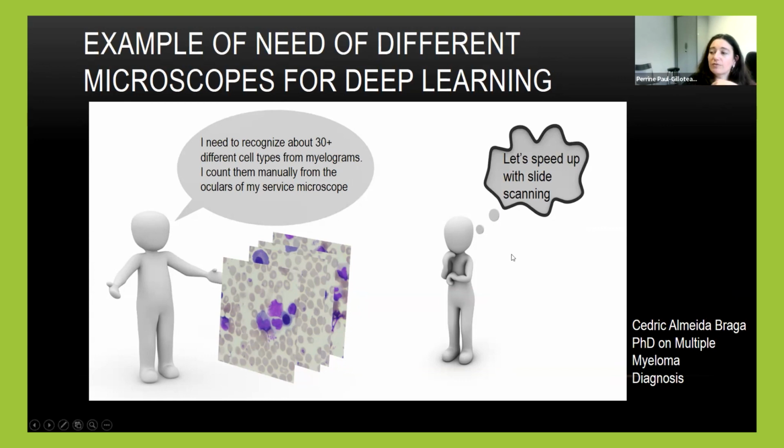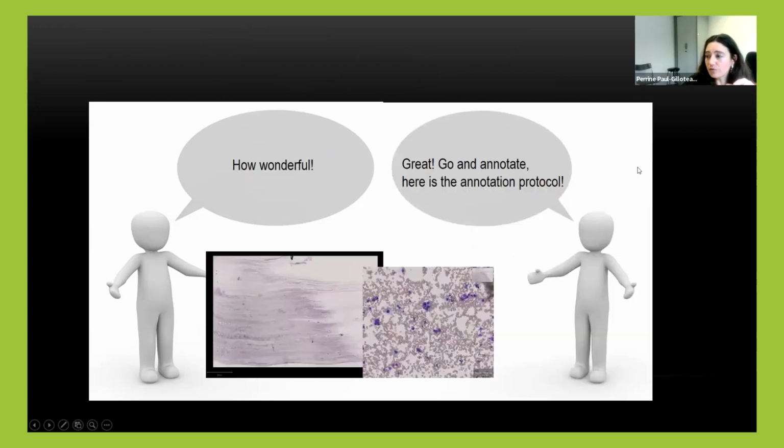So the first idea was, okay, we're going to use deep learning for that, and then we need more data, so we'll use a slide scanning microscope. And that was very nice because indeed we get the full scan very quickly and a nice image.